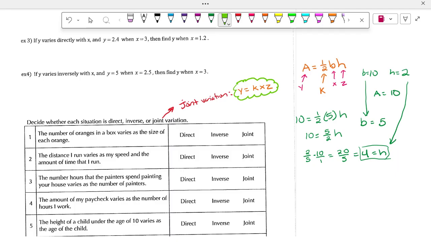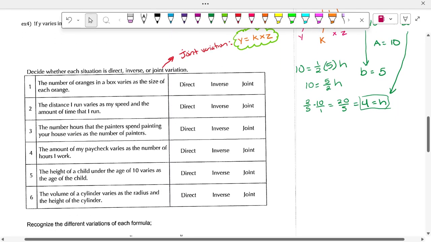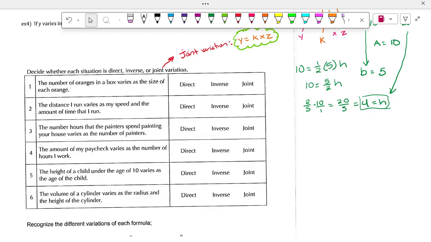All right, so let's see if you guys can figure out which one's direct, inverse, or joint. So the first one, the number of oranges in a box varies as the size of each orange. So do you guys think that's going to be direct, inverse, or joint? So think about it logically. Let's say you had like a 6 by 6 by 6 box. Will the size of the oranges affect how many oranges you can fit in that box?